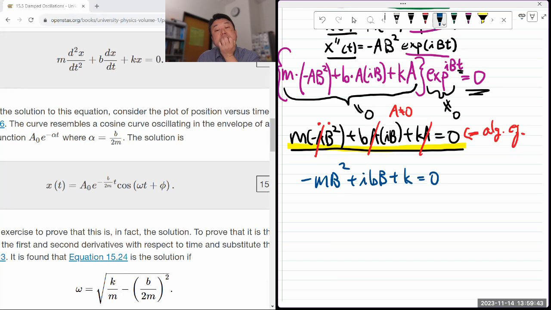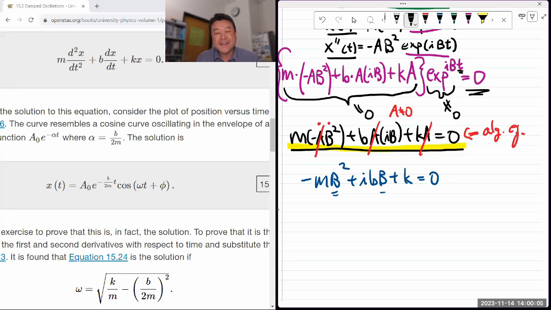So I have what looks like a quadratic equation in B. All right, let's work it out. This is already in standard form. So the quadratic formula, assuming it works with complex roots, I think it does, I have to double check.